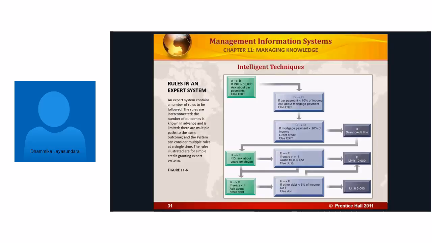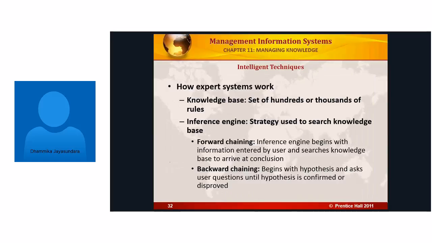Rules in an expert system. So an expert system contains a number of rules to be followed. The rules are interconnected. The number of outcomes is known in advance and is limited. There are multiple paths to the same outcome, and the system can consider multiple rules at a single time. So this is the way it happens in expert systems. So you can just go through artificial intelligence if you need further information. So how do expert systems work?